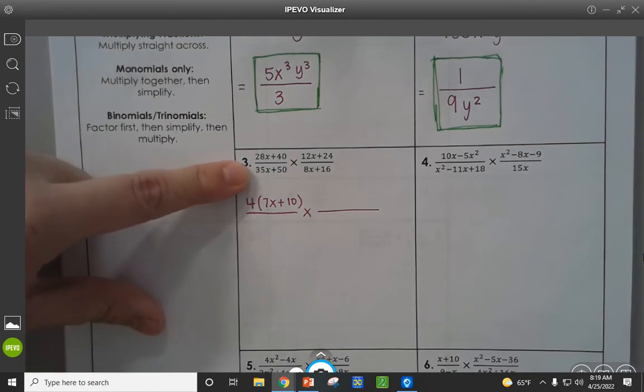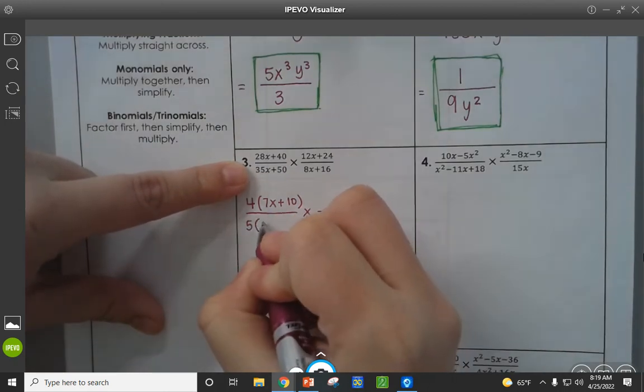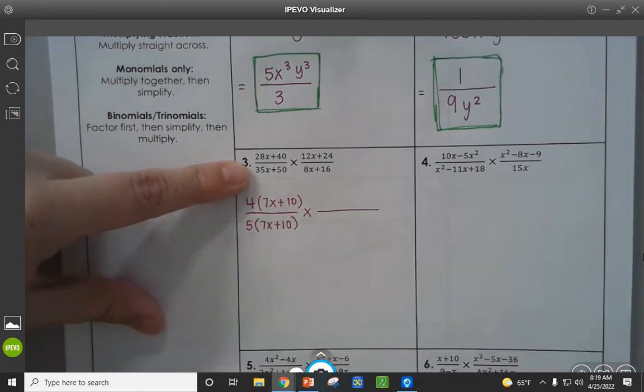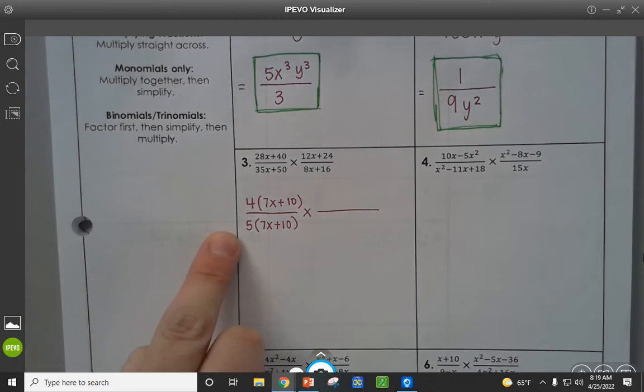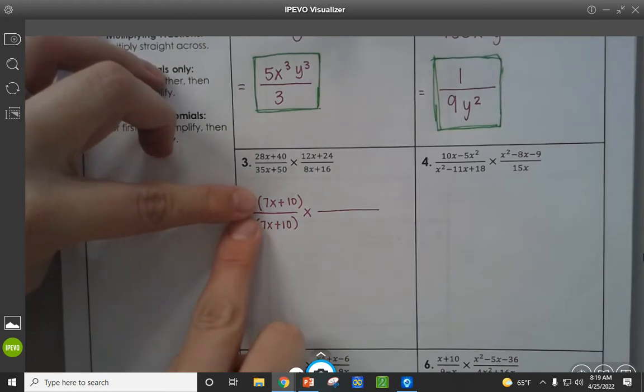What's the GCF of 35x plus 50? 5. Left with 7x plus 10. You have to put the GCF on the outside. A lot of people, when we were just simplifying, you just wanted to divide by 4 and not put that on there.